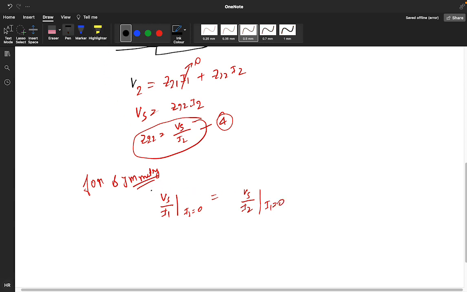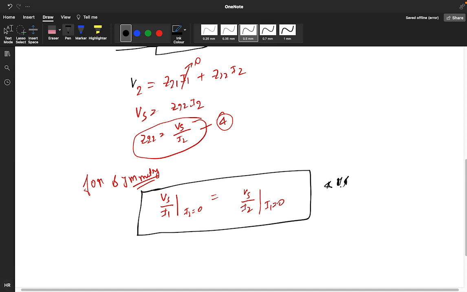This is the symmetricity property. Okay, so write one note.